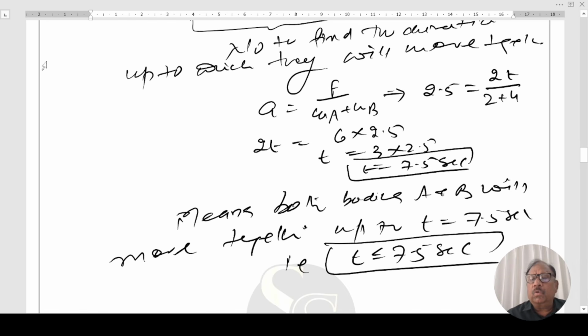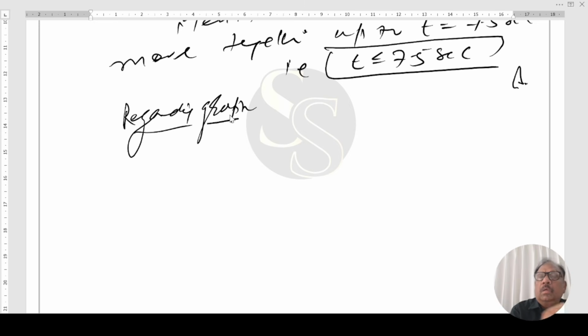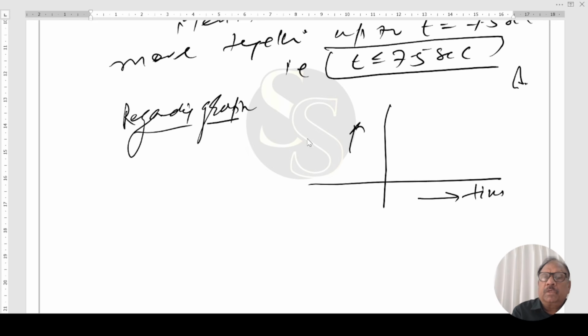Now, regarding the graph, we have to plot the graph. Take time on the x-axis and acceleration on the y-axis.